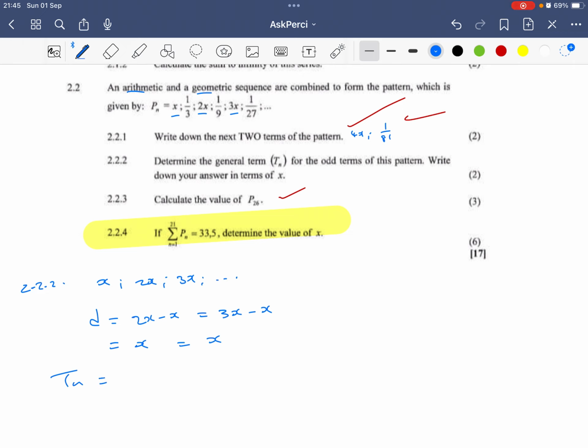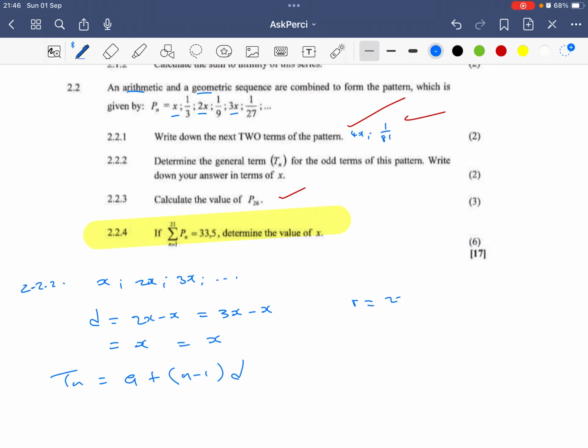So we're using the general term formula, which is Tn is equal to a plus n minus 1 times d. And one can also see that this is not a geometric sequence. Why? Because in a geometric sequence, t2 over t1 should be equal to t3 over t2.